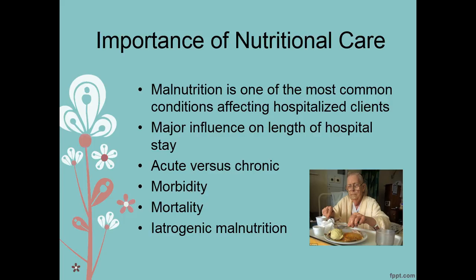Drug therapy might impact this. A variety of diagnostic tests are going on. Maybe they're having a lot of pain and vomiting related to what they're here in the hospital for. It's really an issue in the hospital. It's extending hospital stays and costing hospitals a lot of money. And ultimately it's all about the patient and their well-being.